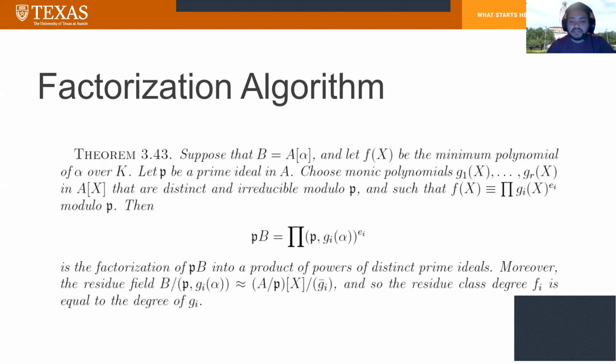In A, choose monic polynomials g1(x) through gr(x) in A[x] that are distinct and irreducible modulo P, and such that f(x) is congruent to the product of gi(x)^ei modulo P. Then we have PB is equal to the product of the ideals (P, gi(alpha))^ei, which is the factorization of PB into a product of powers of distinct ideals.